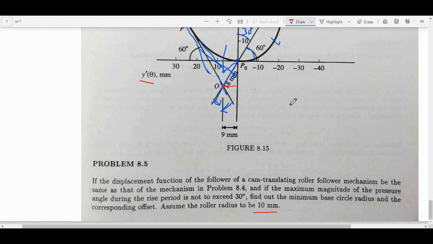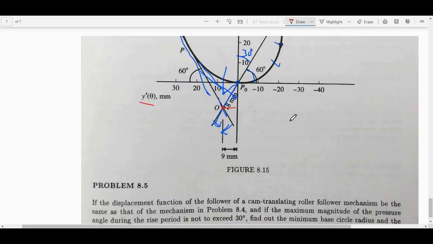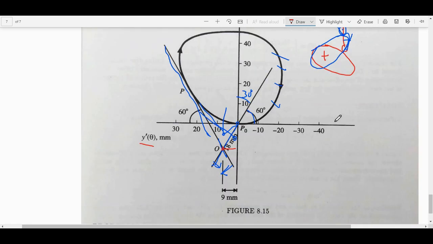Now if phi max is greater than or equal to 45 degrees, then you should not draw this line, you should draw a perpendicular. It is mentioned in the book. It is not difficult to figure out. I will leave you to think about it.